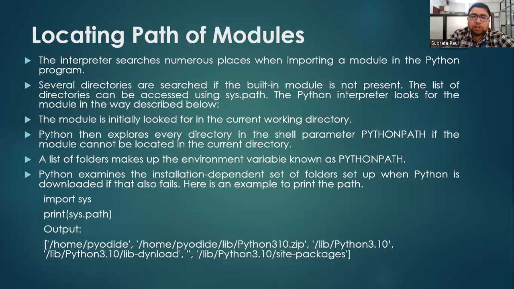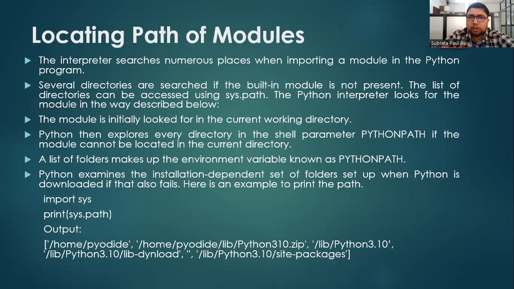Next, if we want to locate the path of our module, the interpreter searches multiple locations. If the built-in module is not present, Python searches several directories. The list of directories can be accessed with the command sys.path.